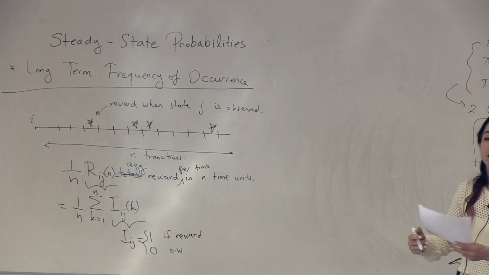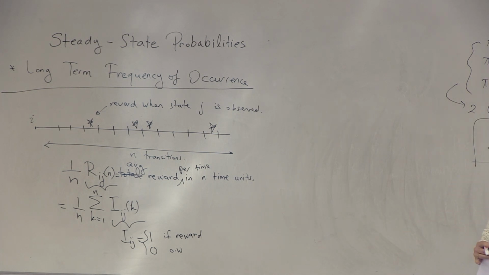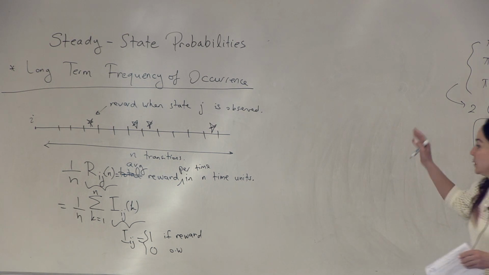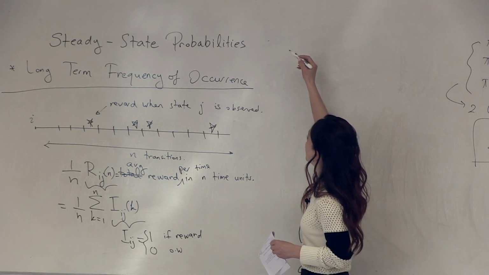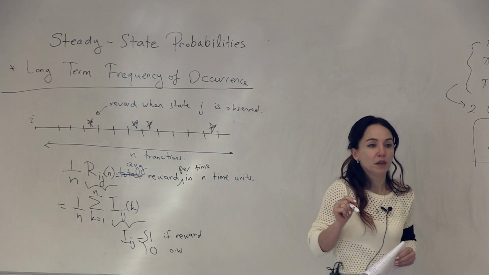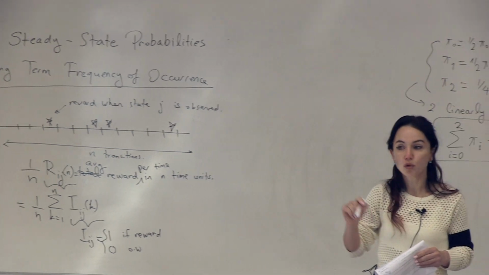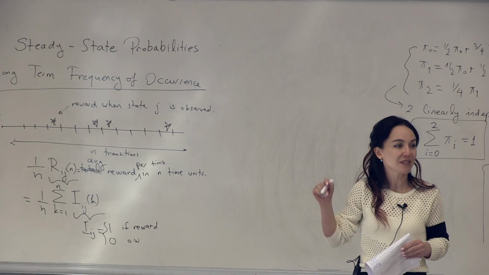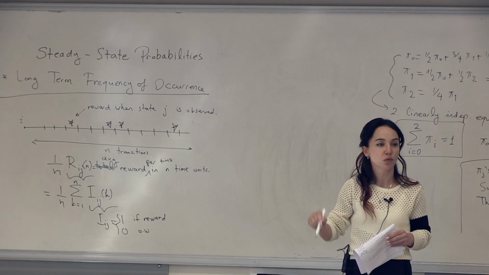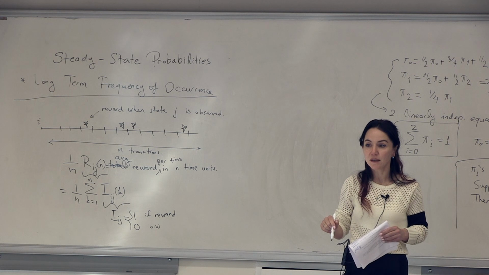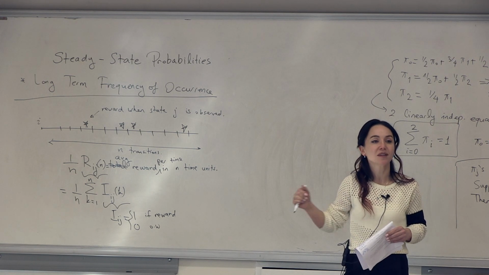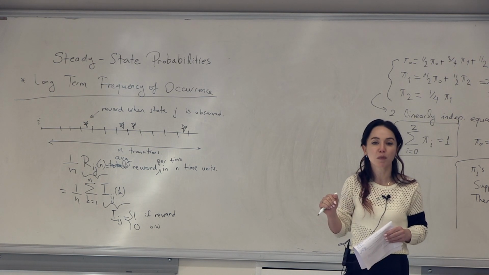In fact, in this case, the strong law of large numbers will hold, such that this average reward per time will converge on almost all sample paths to its expectation, to the expected reward per time. Meaning, the sample paths on which this does not converge have a total probability of 0.